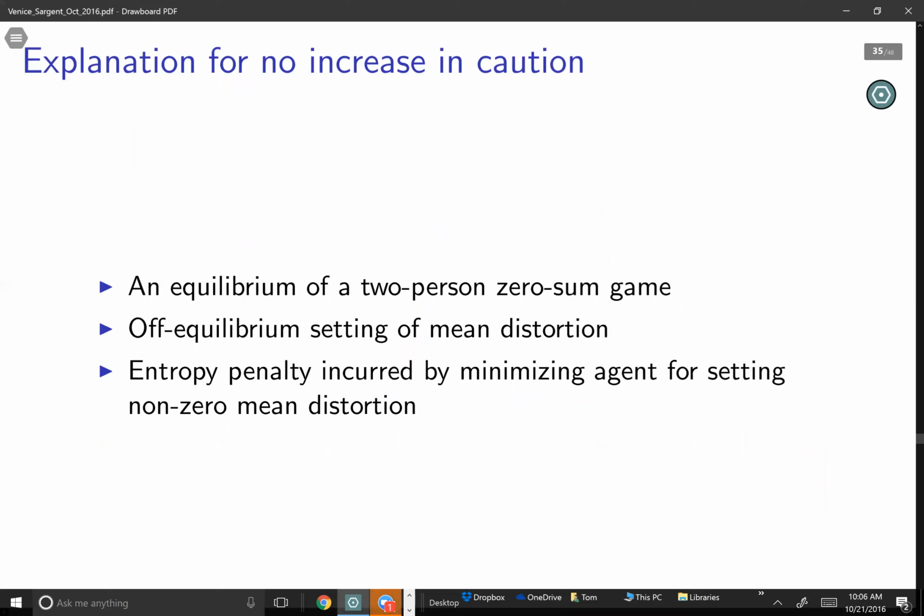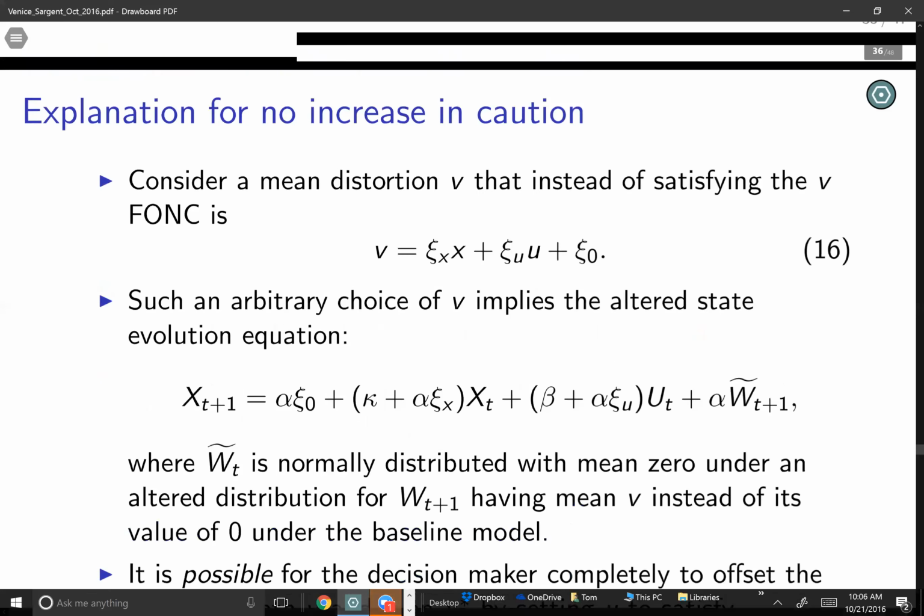And actually, to talk about the off-equilibrium behavior and what's going through the head of the minimizing agent, because it tells you, it leads somewhere. It's a logic that's going to lead to development in the mathematics and control theory literature called structured uncertainty. So it turns out like this.